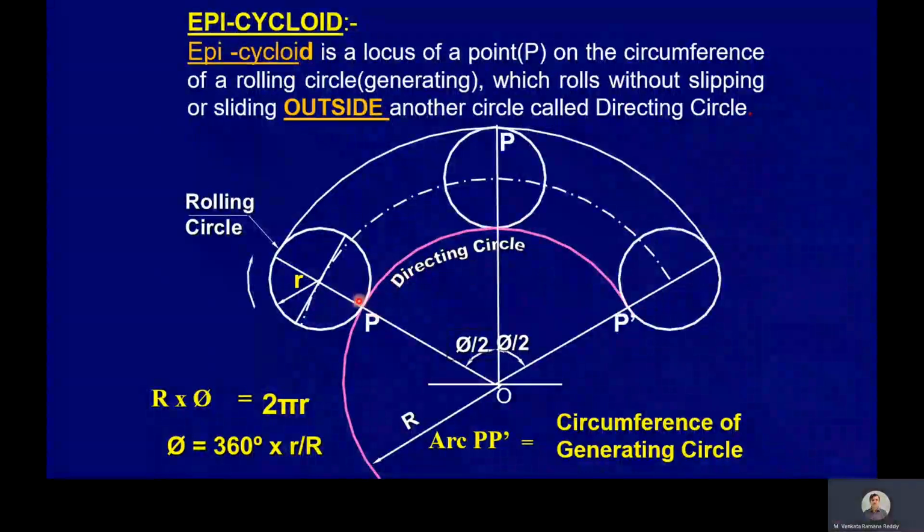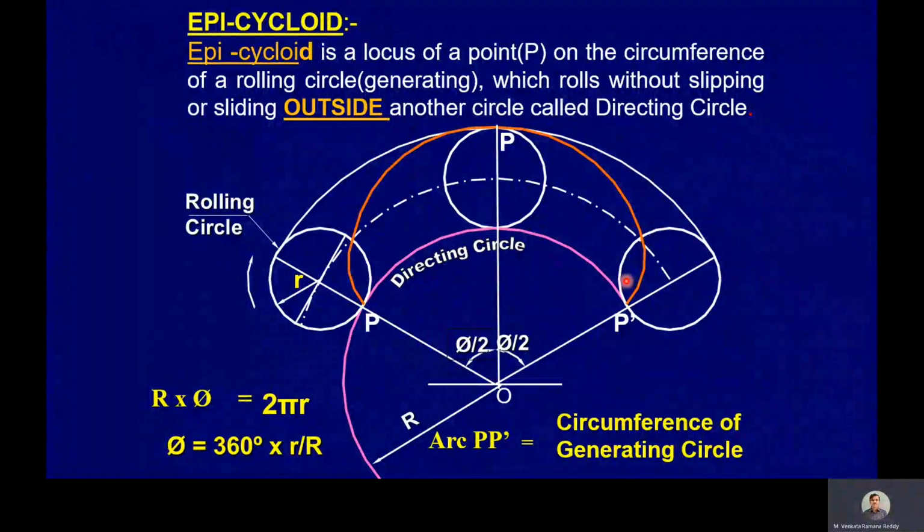Point P is going to be moved from here to there and there to here. So the curve obtained is called epicycloid. That is, the path traveled by the point P is epicycloid. So the main important point here is that the rolling circle rolls outside of the directing circle.